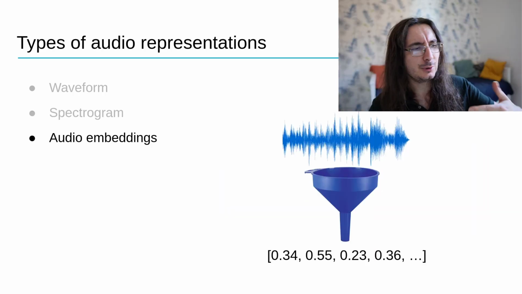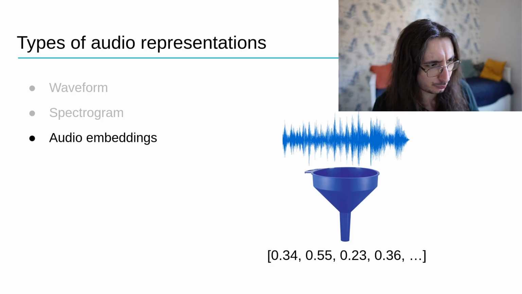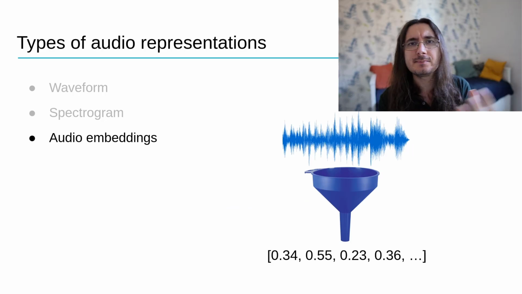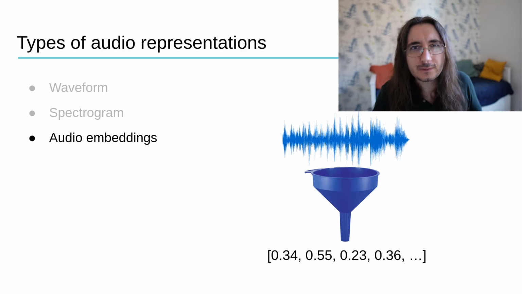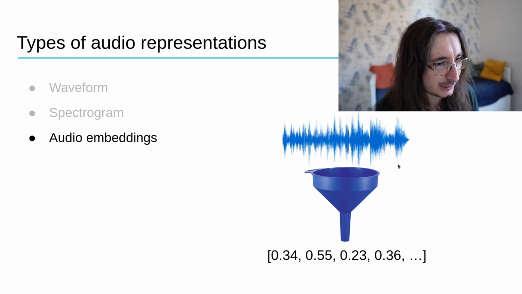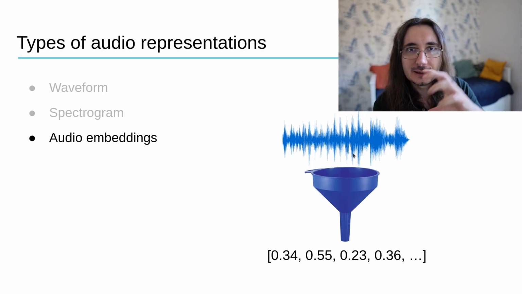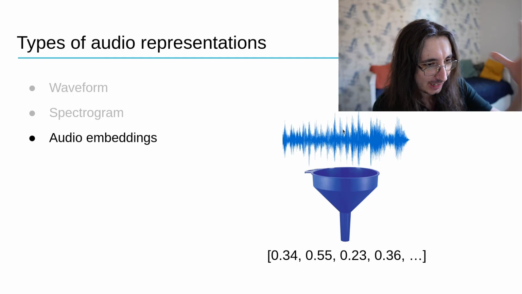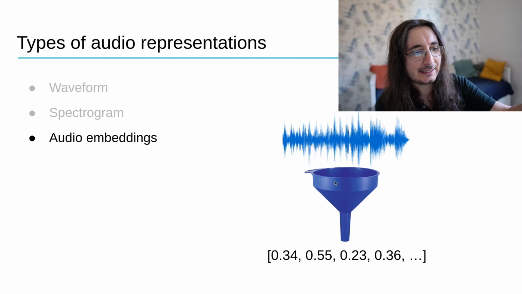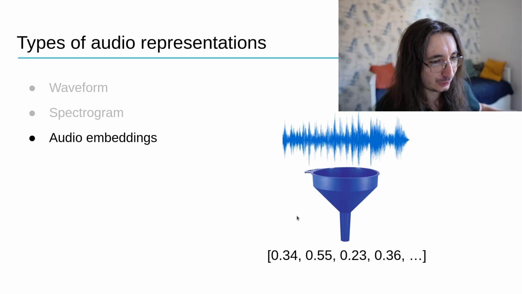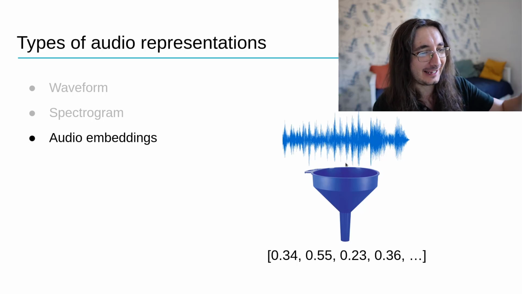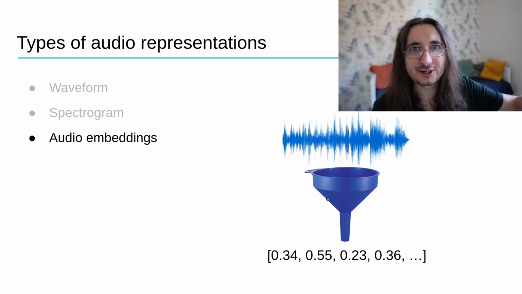Beyond spectrograms, we also have other types of audio representations, and we can call them audio embeddings. And what are these? Well, this picture here represents it on a very abstract level. So you start with a waveform, and then you have a model that's a bottleneck like this. So this is a machine learning model usually.